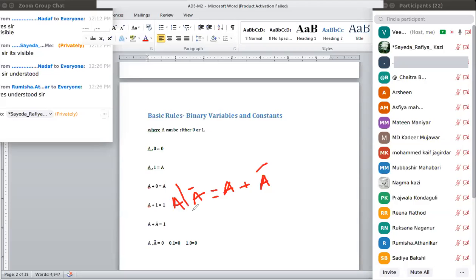There are two inputs. If A is 0, what will be the A bar? It will be 1. So A plus A bar, 0 plus 1 is always 1. Now if I take A as 1, what will be the A bar? It is 0. So what is the result? It is 1 plus 0, always 1. So A plus A bar is always 1.